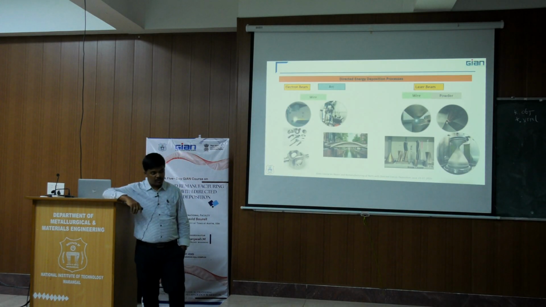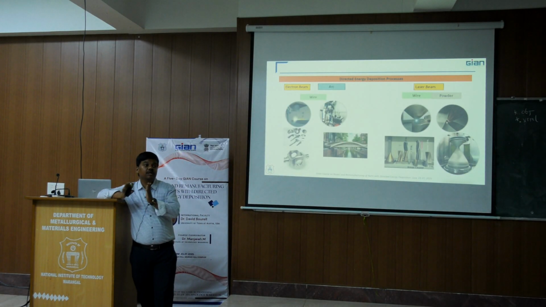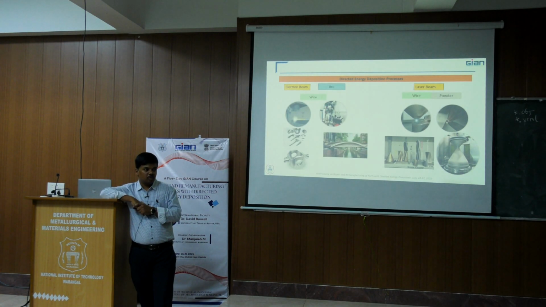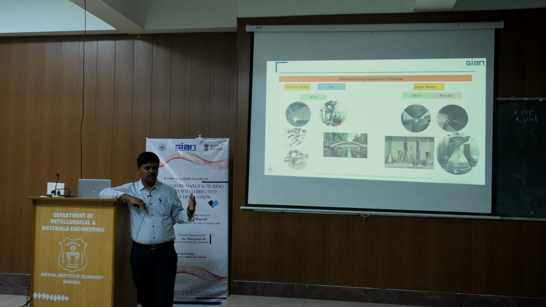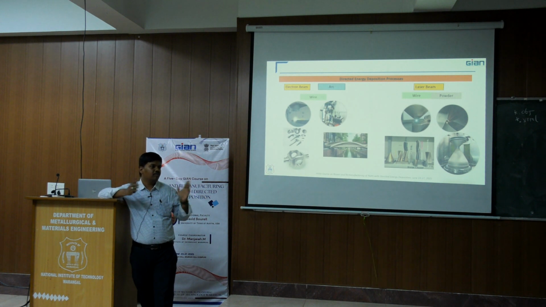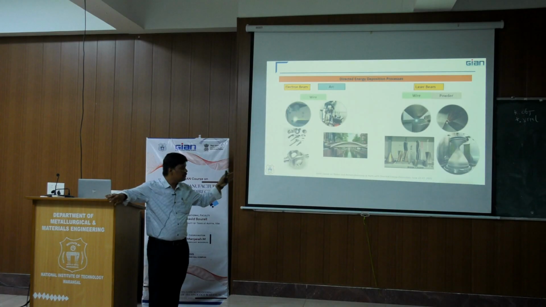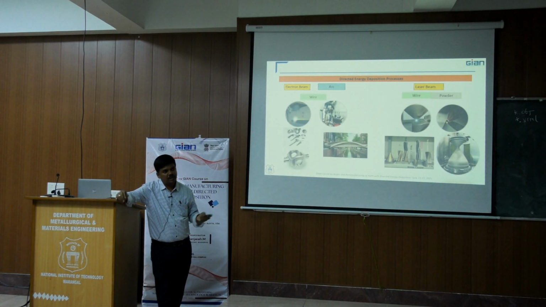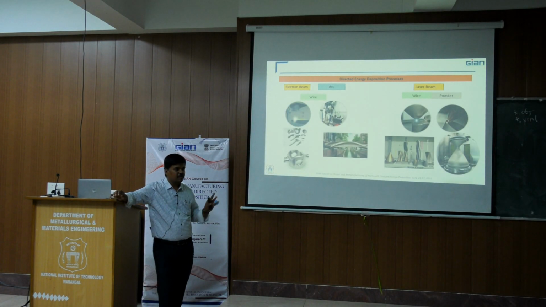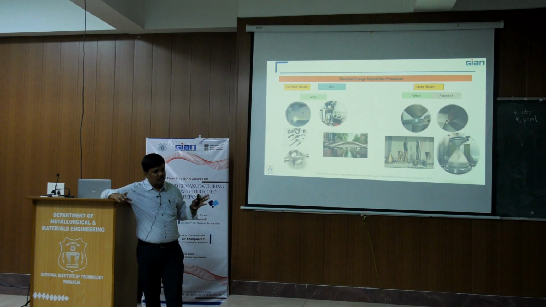Yesterday some of you had questions about where we have to use the electron beam direct energy deposition process, where we can use the electron beam cold bed fusion process. It is highly expensive, because we need an electron energy source, and whenever we manufacture a part with the electron beam, it is going to be very expensive, because we have to maintain the atmosphere as well as the energy source we are using.